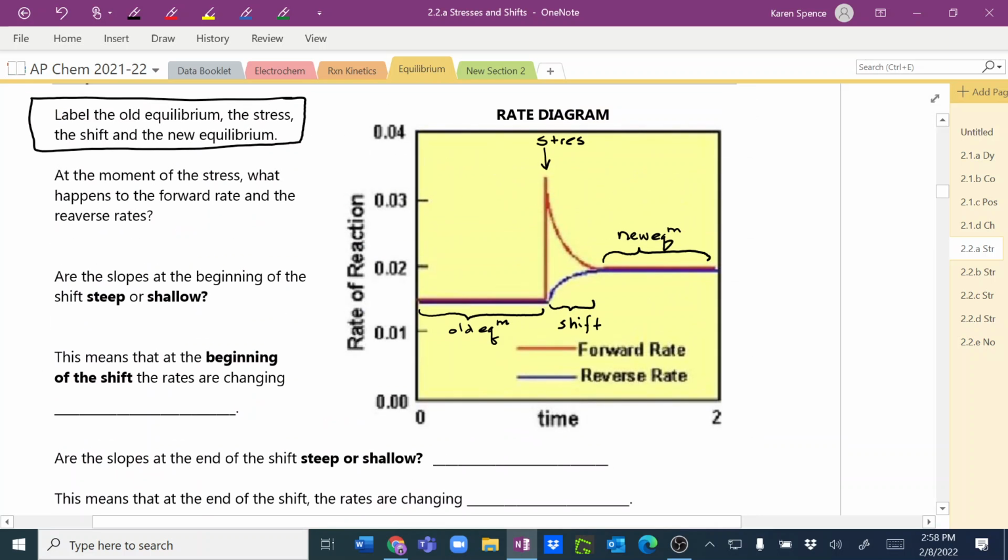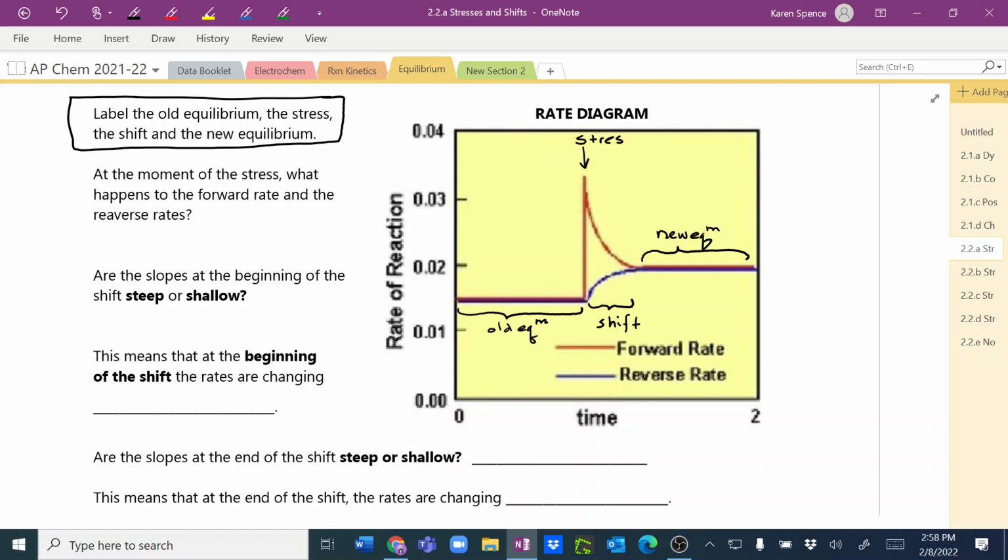Okay, so at the moment of the stress, what happens to the forward and reverse rates? What happens to the forward rate at the moment of stress? It increases. What happens to the reverse rate at the moment of stress? Does not change.